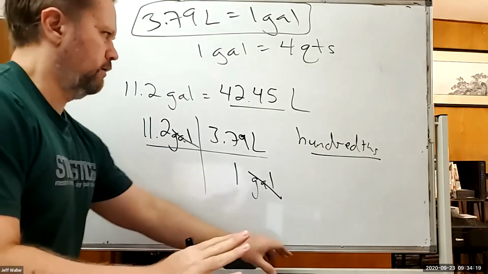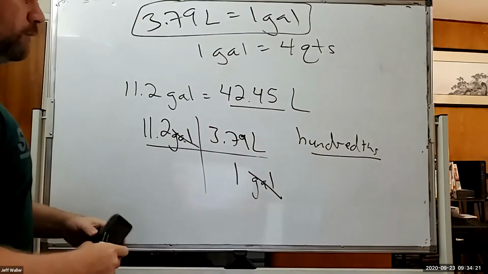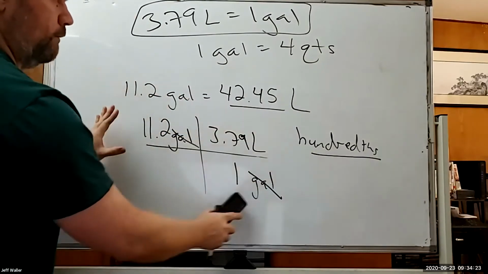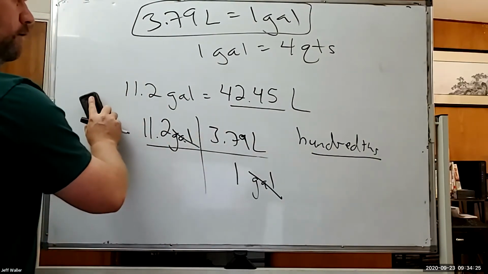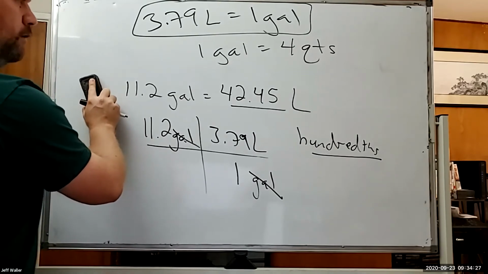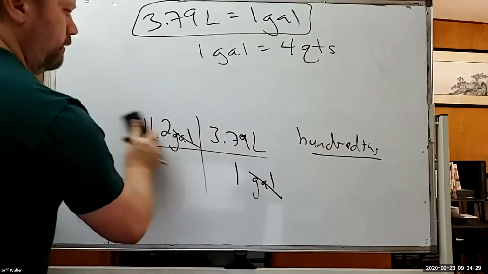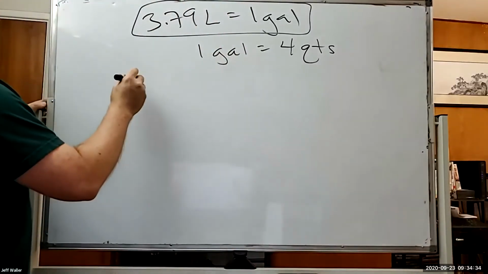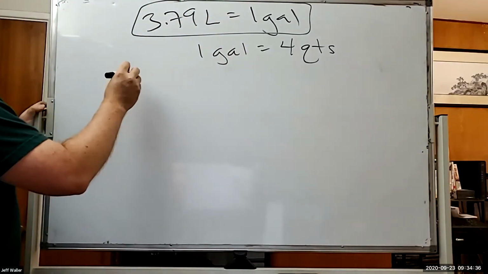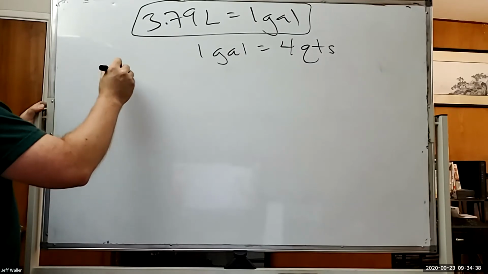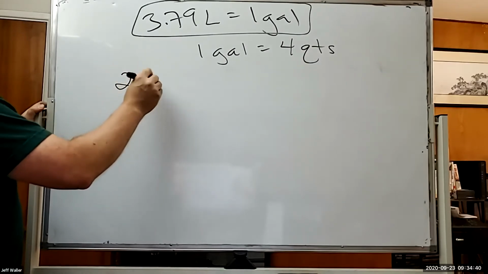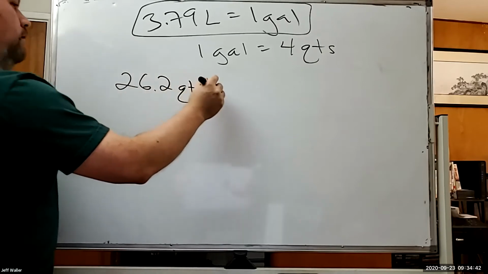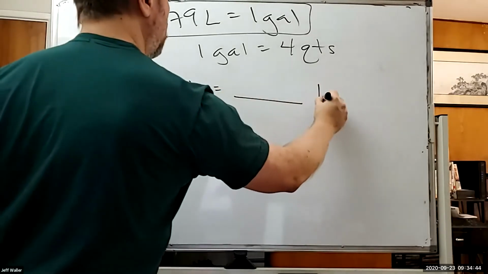All right, now let me see if I can push this a little bit. Has everybody got this here? Well, what's different about this? What if I have, let's say, 26.2 quarts, and I want to know how many liters that is?